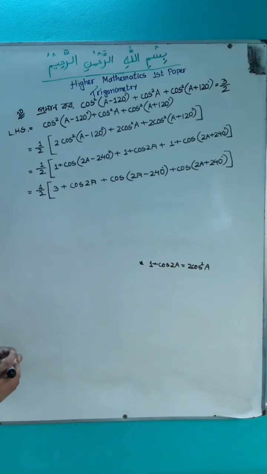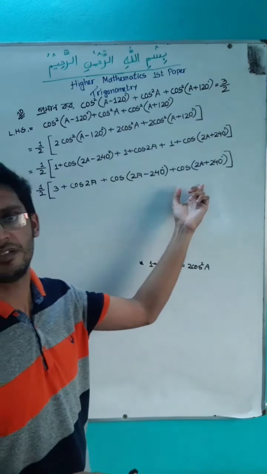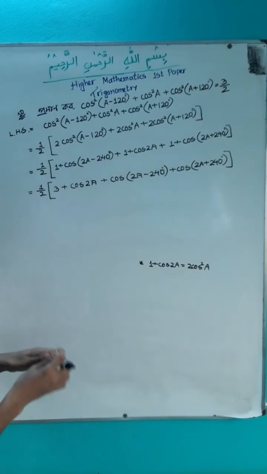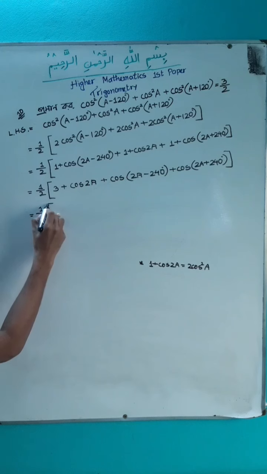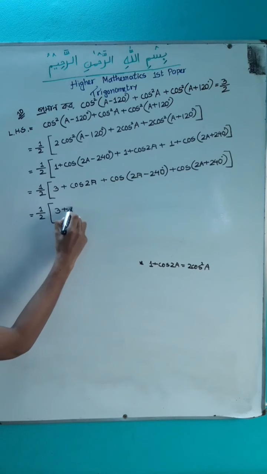We use the formula cos C plus cos D between these two terms. It will come as 3 plus cos 2a.